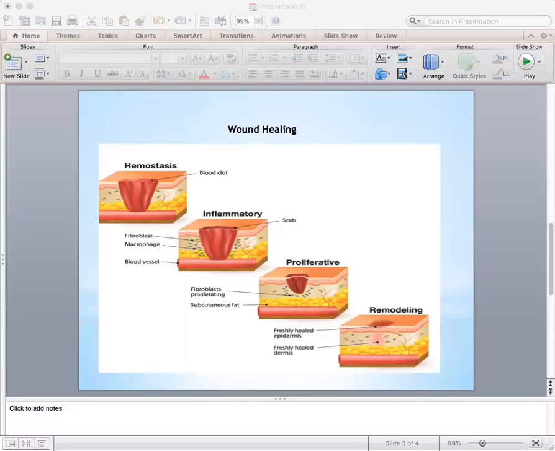Then the second systemic factor is obesity. Obesity is a global public health problem with an alarming increase over the last 2 decades. An increased incidence of wound problems has been reported for overweight patients suffering from both bariatric and surgical obesity. The rate of wound infection is increased in overweight individuals.